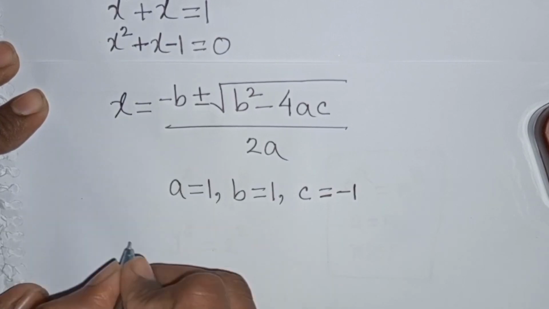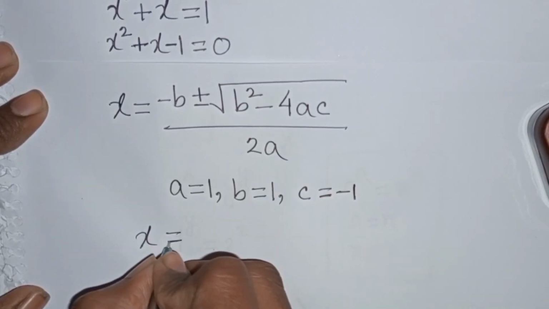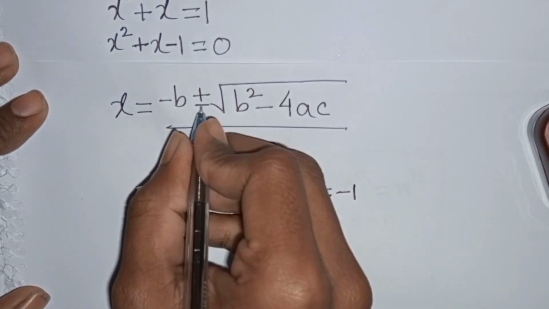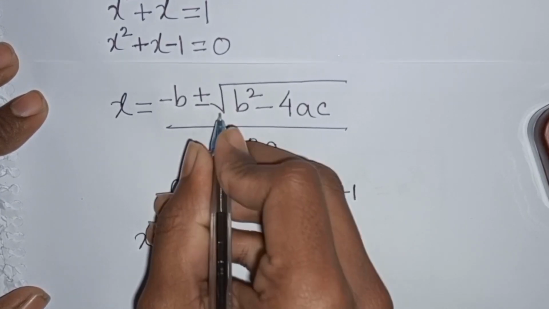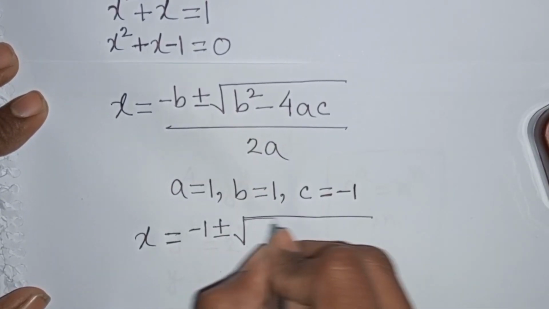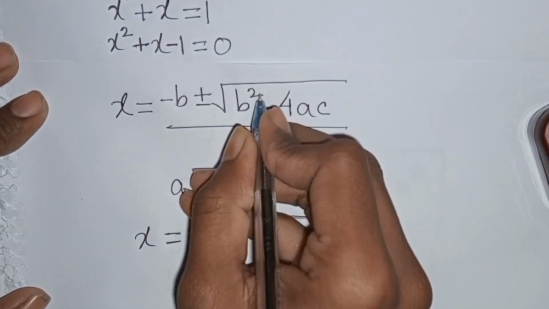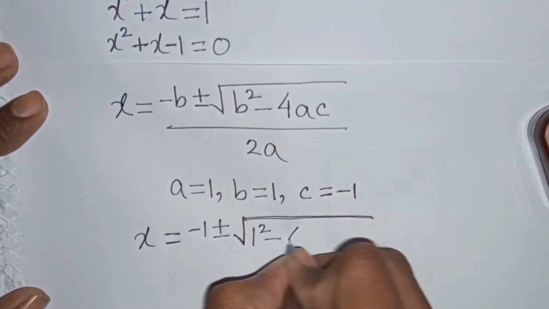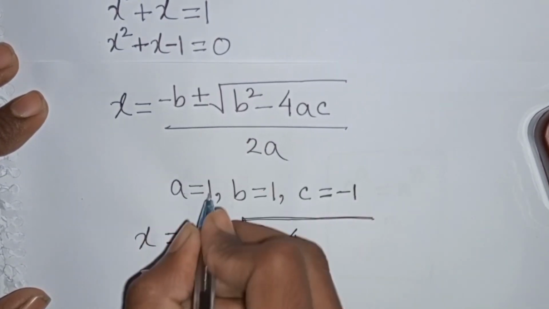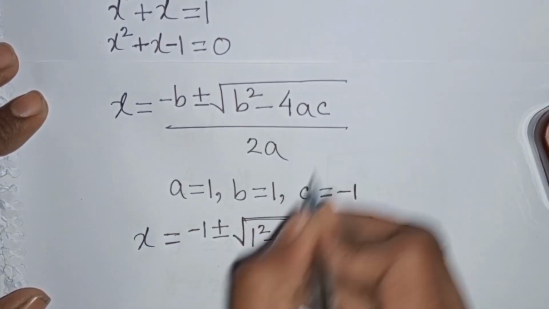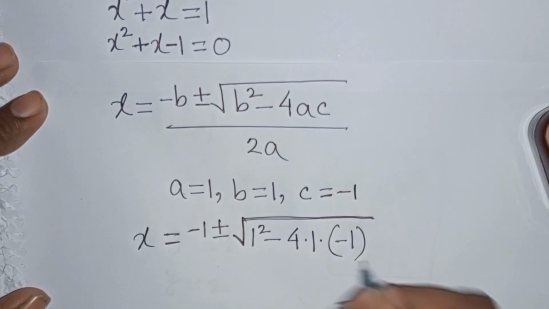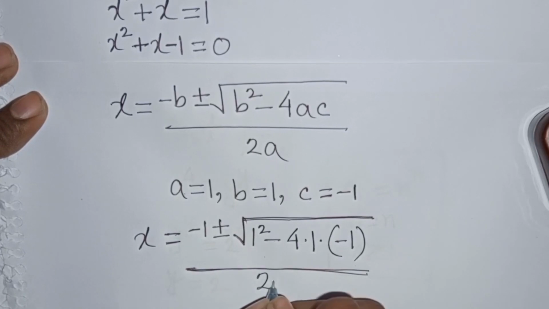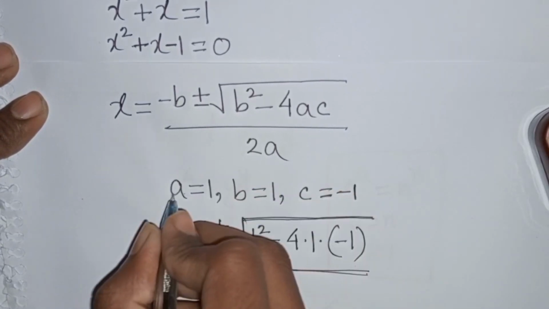Now we can write x is equal to minus b, that means 1, then plus or minus square root of b square, that means 1 square, minus 4 times a, that means 1, times c, that means negative 1, divided by 2 times a, that means 1.